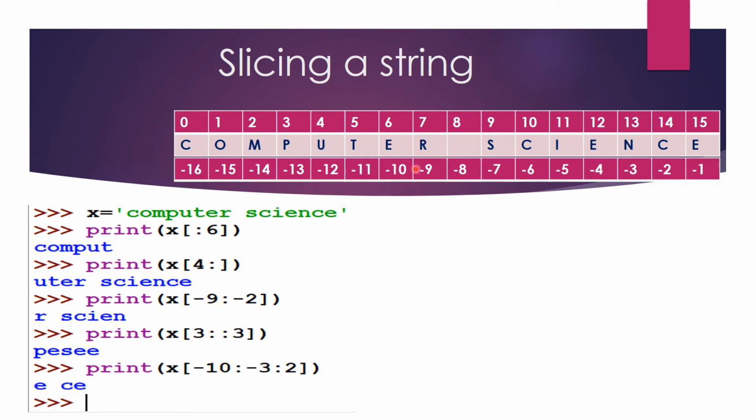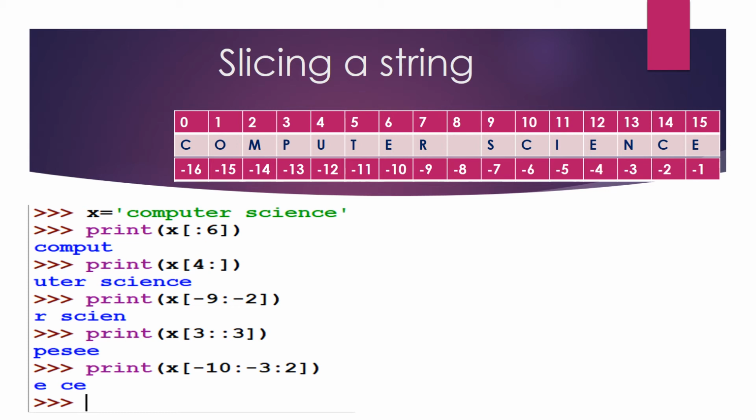So -9 will come 1, 2, 3, 4, 5, 6, 7, 8, 9 till here R. So it will start from R to -2, and the -2 is C. So C -2 means this end value will not be printed, and it will print till N. So it will print from -9 to -2, where -9 is R, and -2 means C, -1 means N. So it will print from R to N.